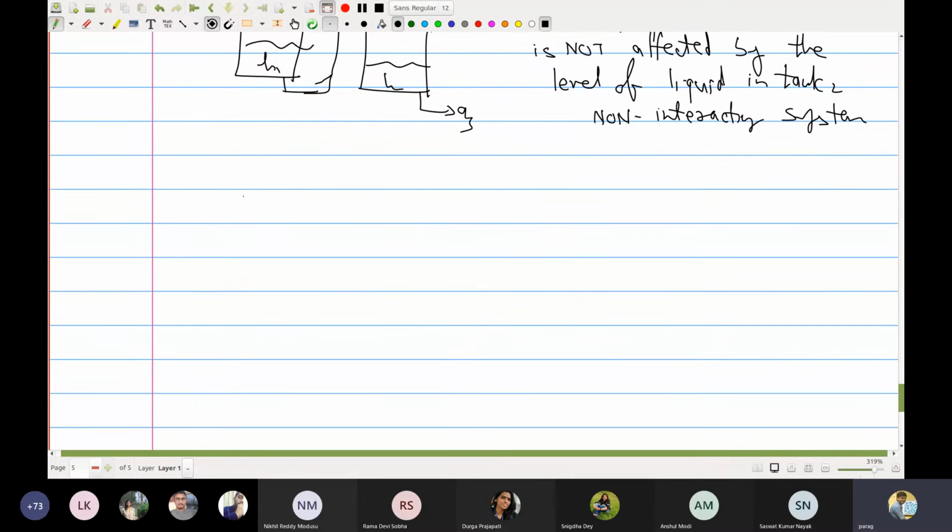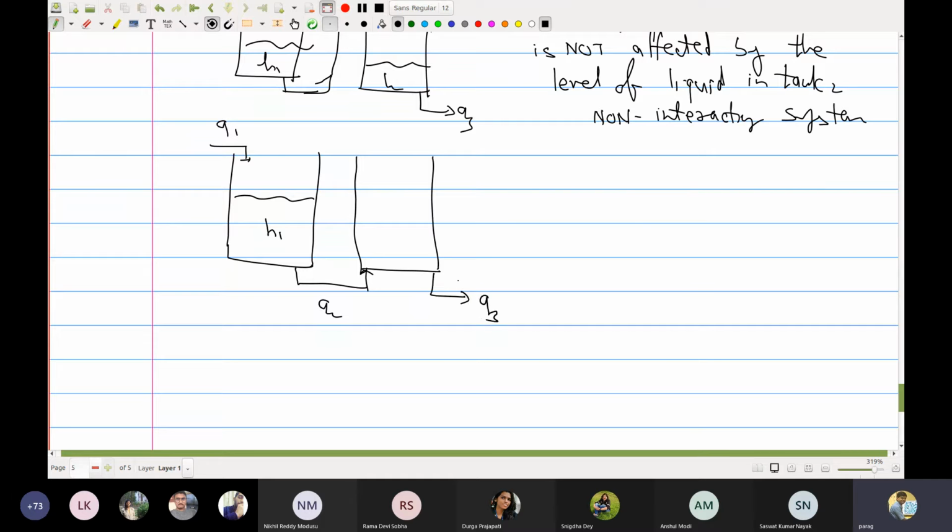But now imagine that you have a liquid level system which looks like this. H1, Q1, and now you add an input like this here, Q2, and you take Q3 out, H2.